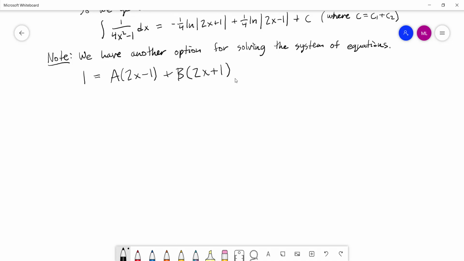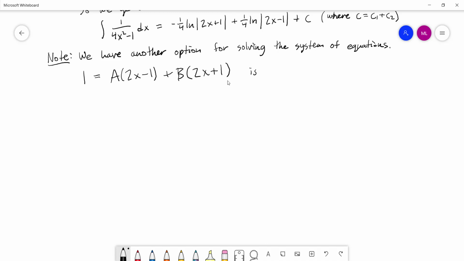This equation needs to hold true for every single value of x that you could pick. So the way we did it before is we broke it into different parts. We broke all the constants as one equation and everything that was proportional to x as a second equation. That is an option. But the other one is to recognize that this equation needs to hold true for every single possible value of x. It's essentially an identity, right?